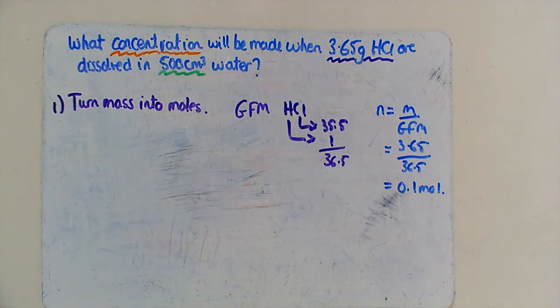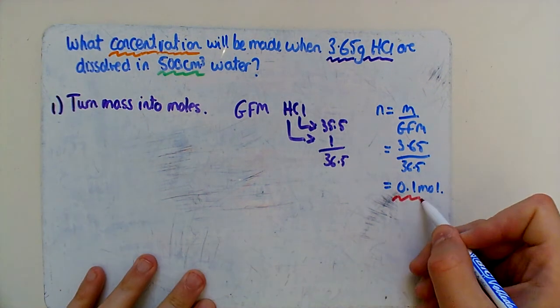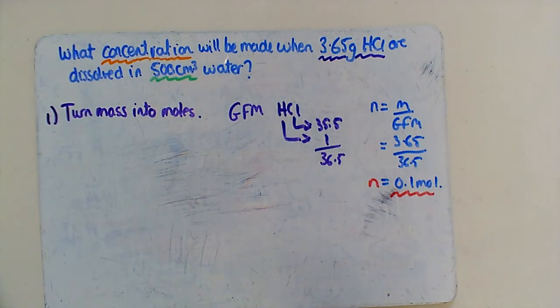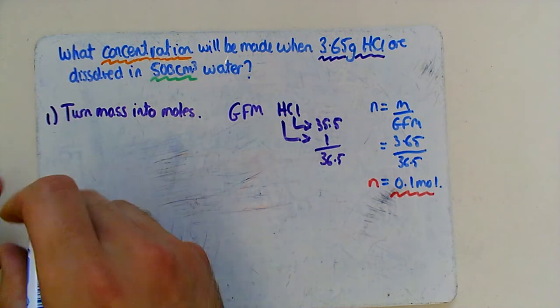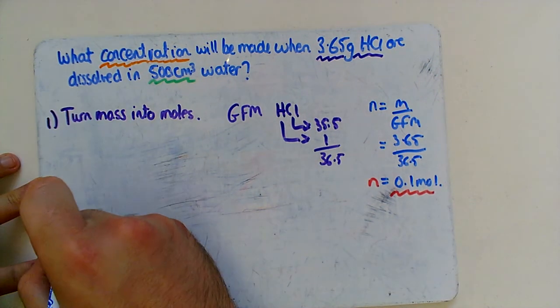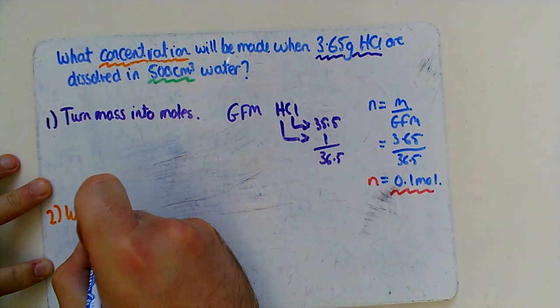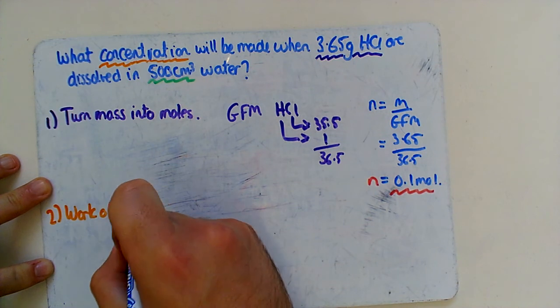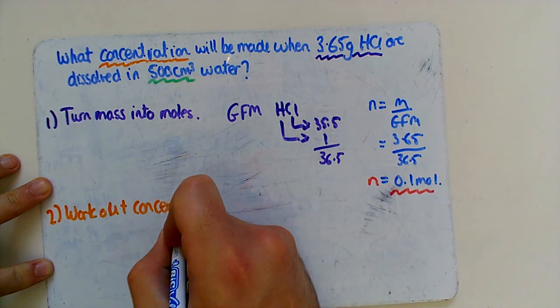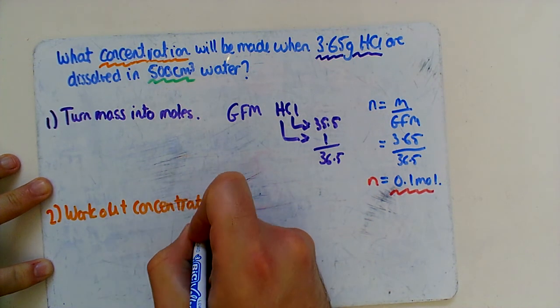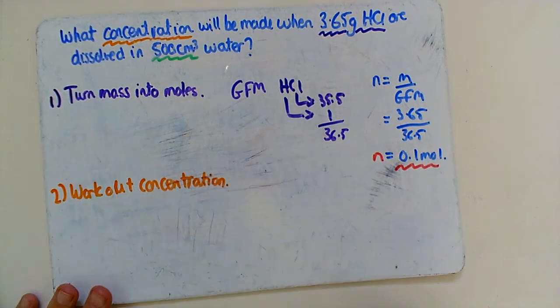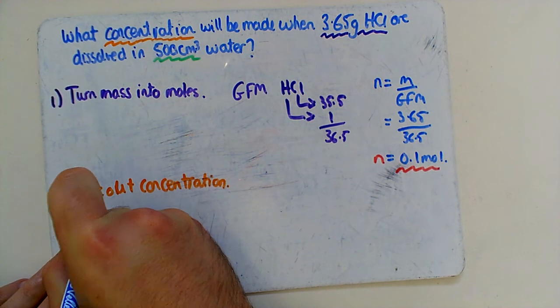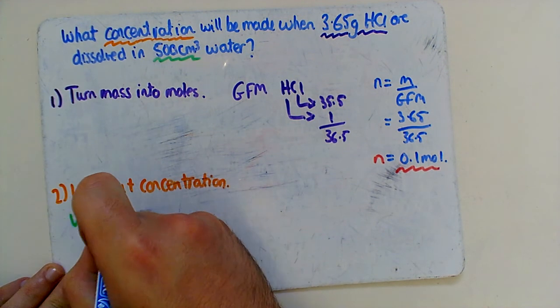So now we've got a number of moles and we have a volume. So the second step is work out concentration. So for this, first thing we need to do is volume, turn it into litres.